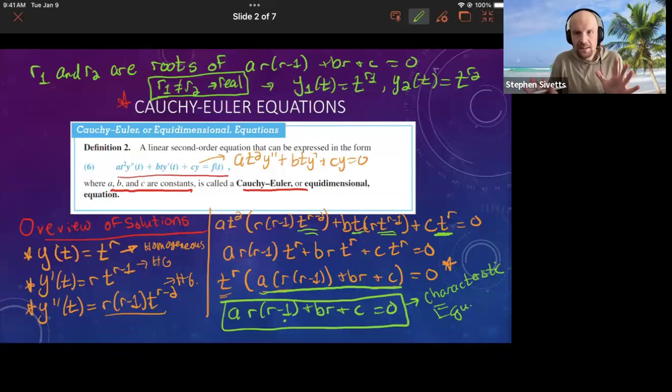The thing we have to test is whether y1 and y2 are a linearly independent set of solutions, and you can check this by computing the Wronskian.